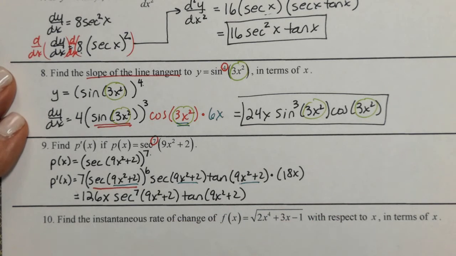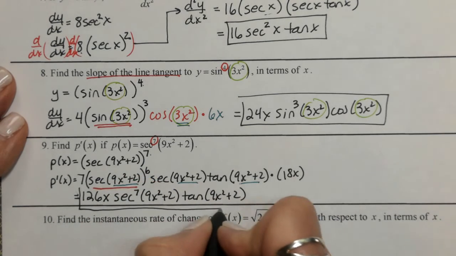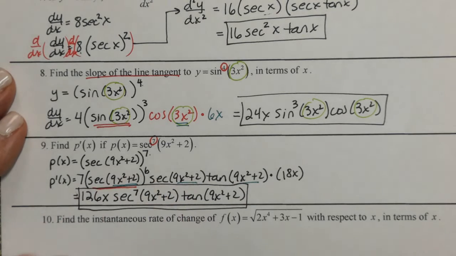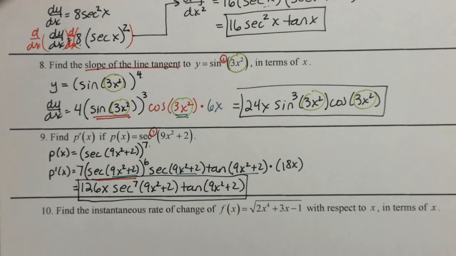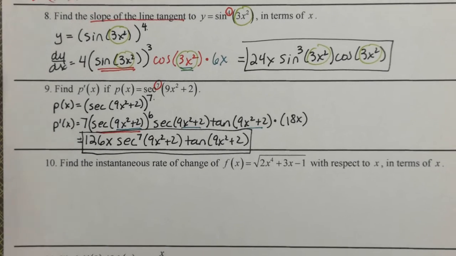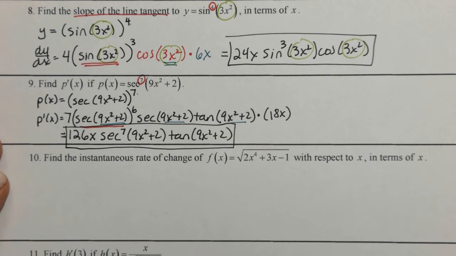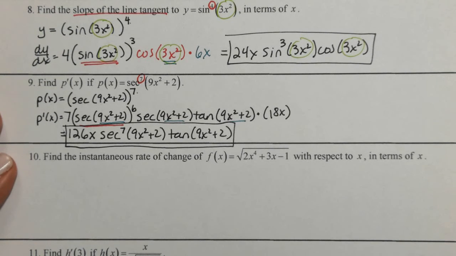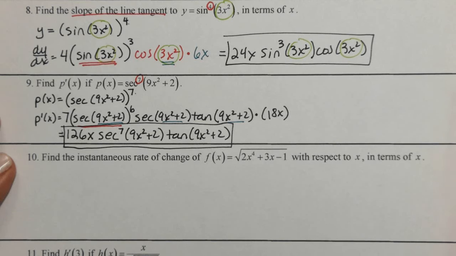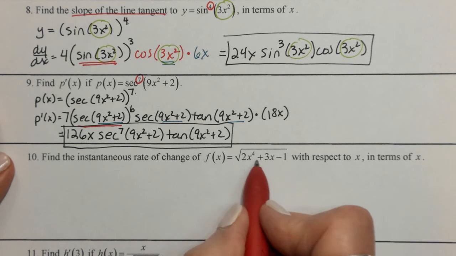Always the same argument. This would be the multiple choice answer. Okay, so those get nice and long, nice and involved and fun. A couple more examples here. Let's find the instantaneous rate of change. That's another way to say derivative of this function.